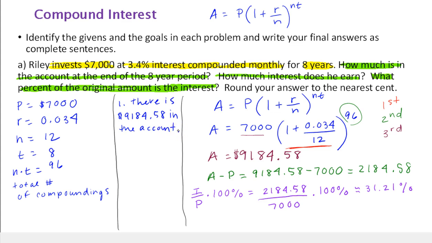Now our second question is how much interest does he earn? And we found he earns $2,184.58 in interest.